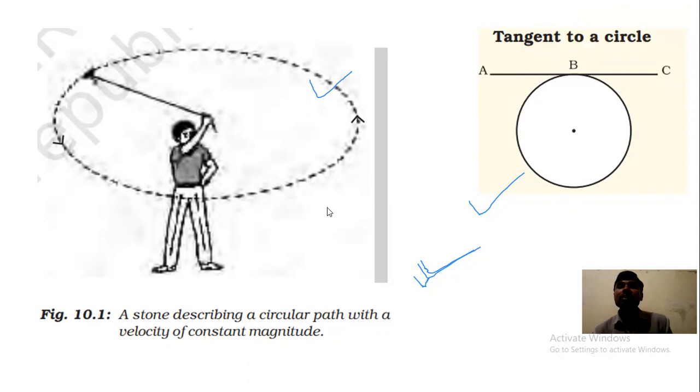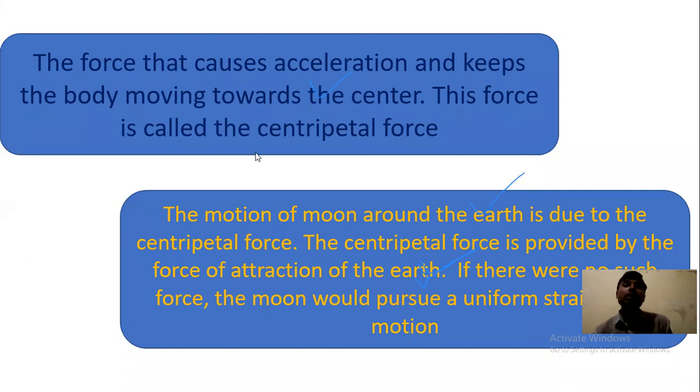So we see there is a force that causes acceleration and keeps the body moving toward the center. Due to that force, the body moves toward the center, and this force is called centripetal force.